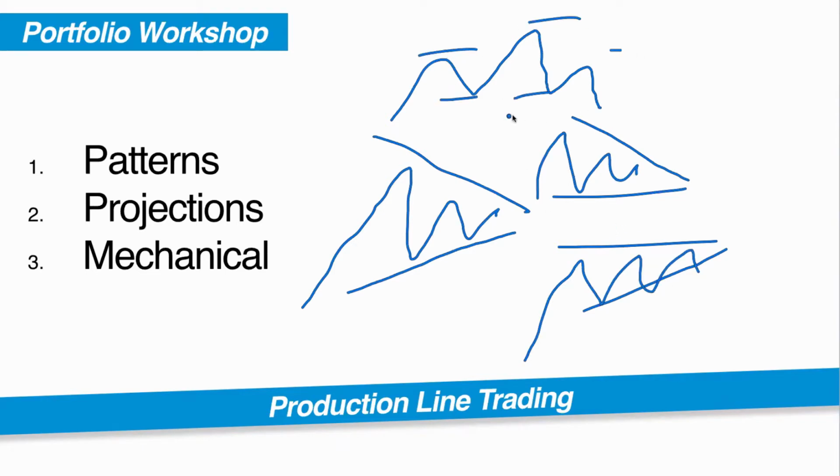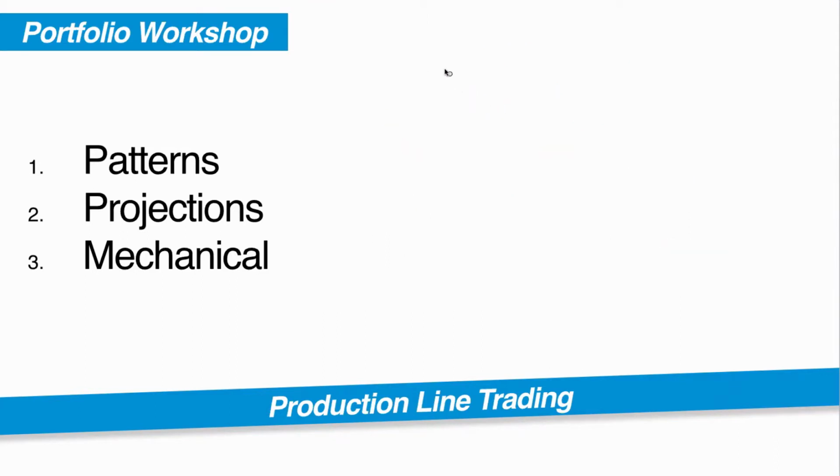If you try to name all of the patterns, you can have 30 plus patterns that all have different names, different rules, and different ways of treating them. I don't want to memorize a different rule set for every pattern.